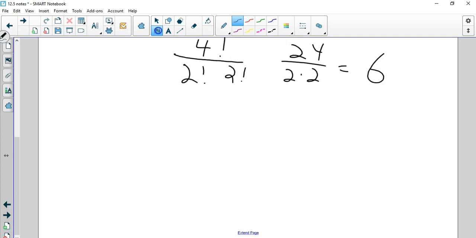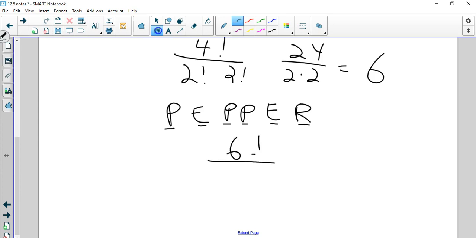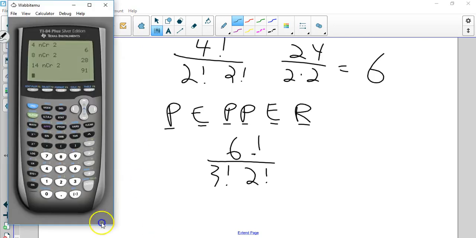Okay? Let's try one more real quickly, just for practice to look back at. The word pepper. Well, we have 1, 2, 3, 4, 5, 6. So that's 6 factorial. But we have how many P's? We have 3 P's repeated, and we have 2 E's repeated. So let's use our calculator on this one.